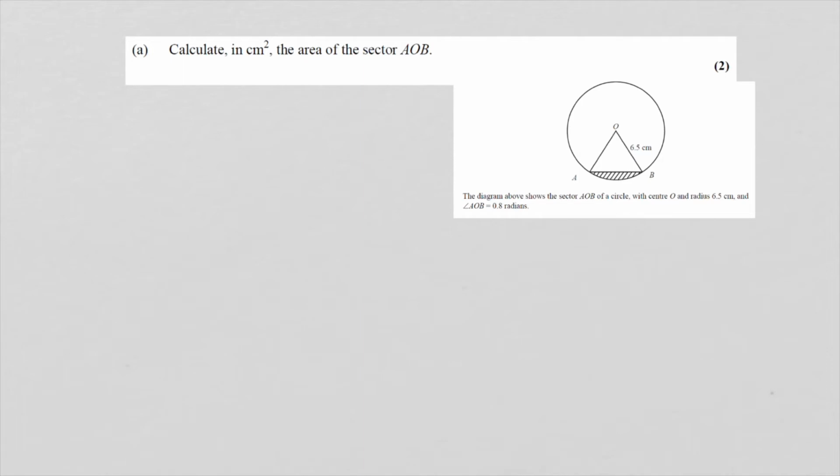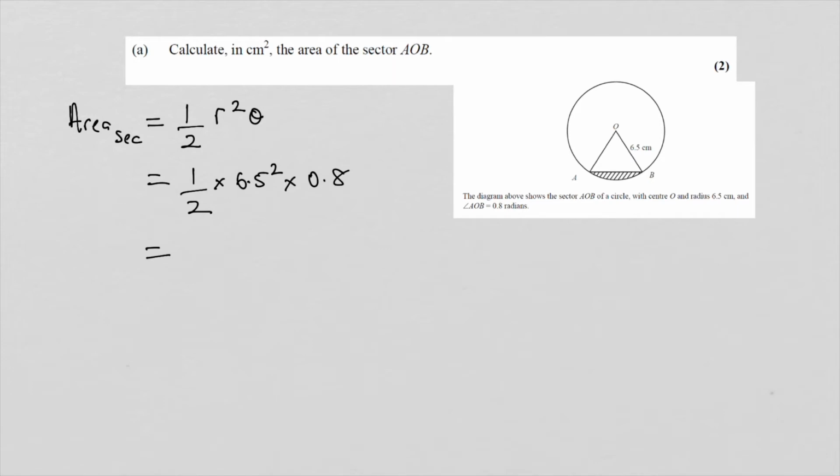So to calculate the area of the sector, we write area of sector equals a half r squared theta, so a half times 6.5 squared times 0.8 radians.